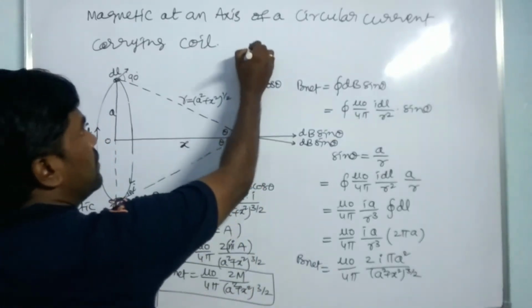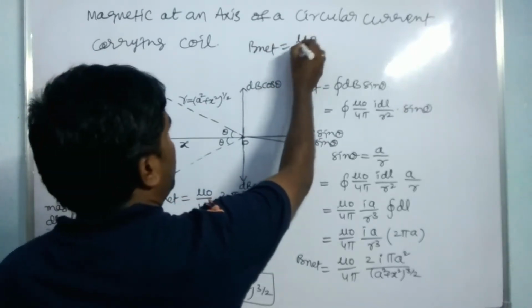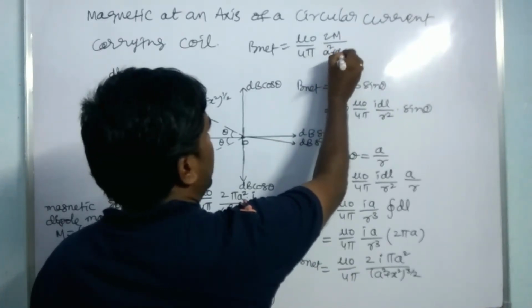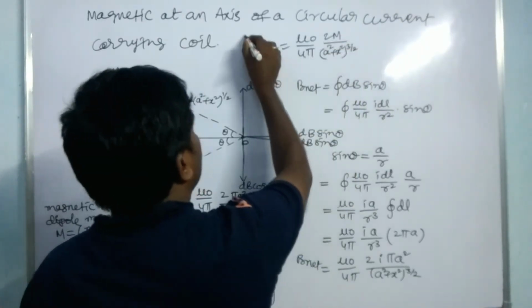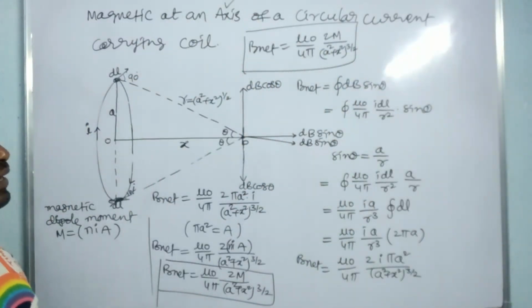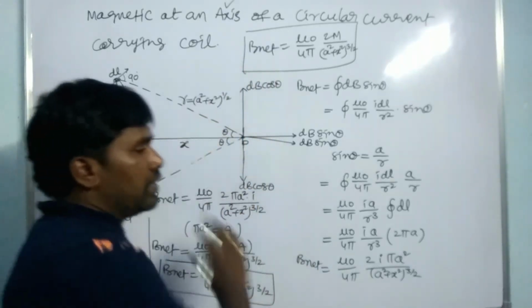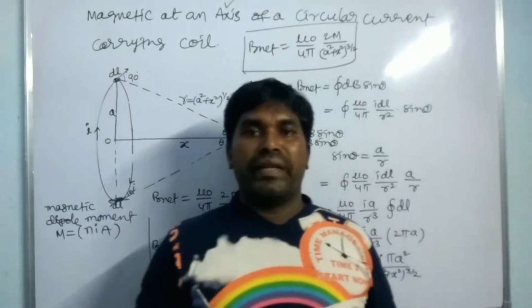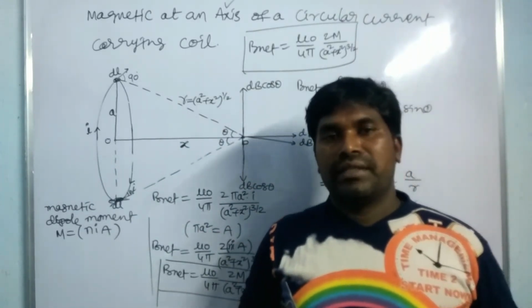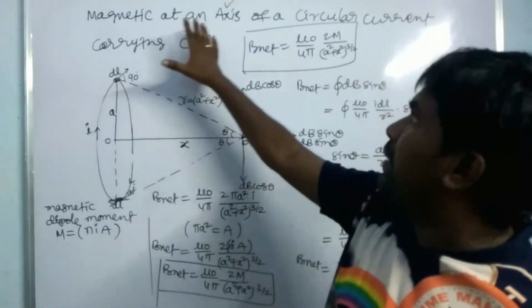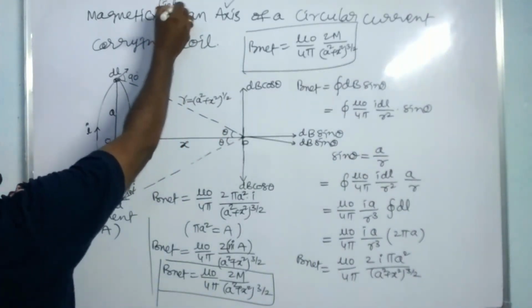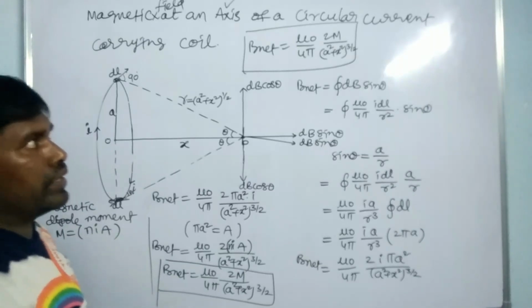So this is the magnetic field at an axis of a circular current carrying coil.